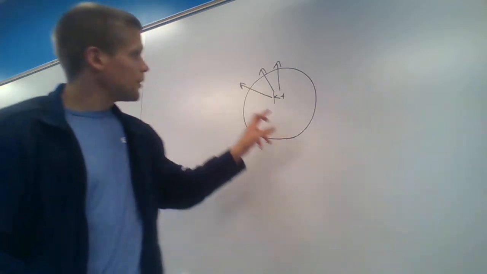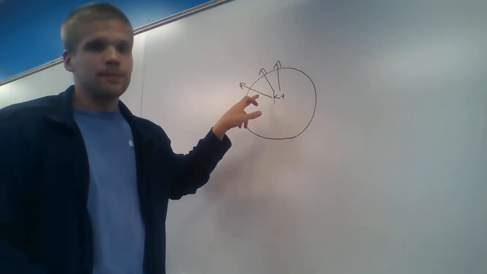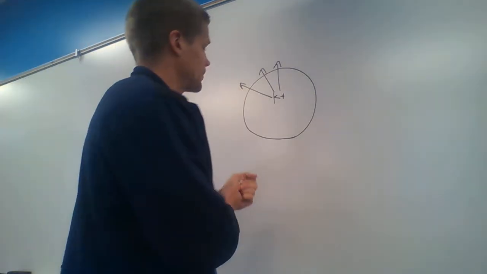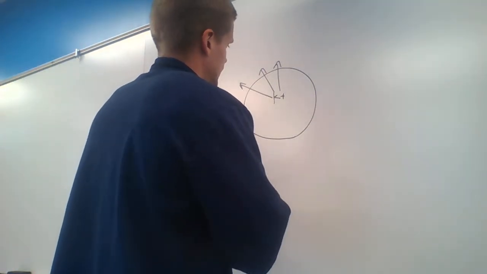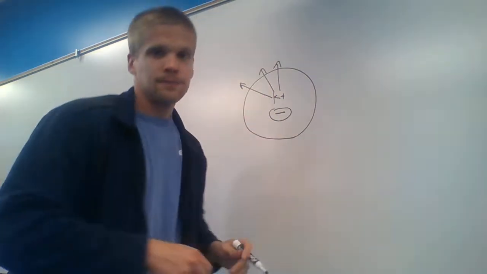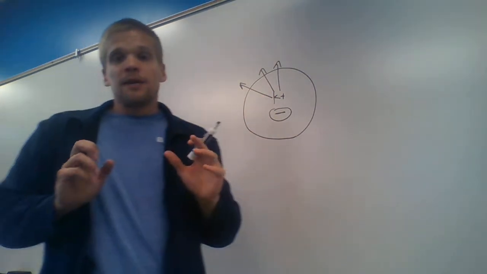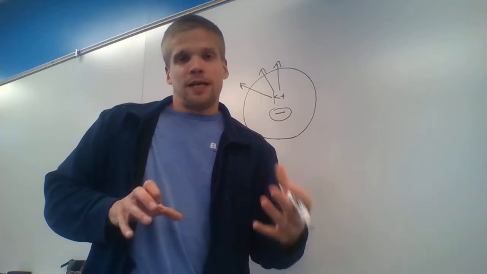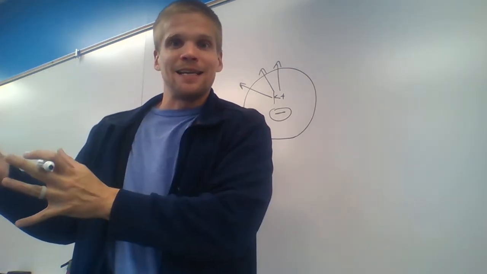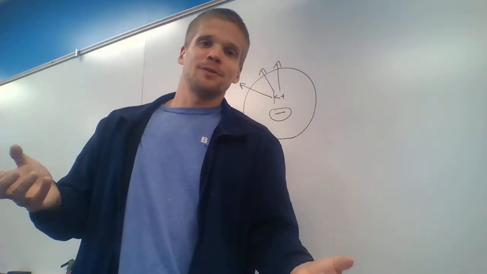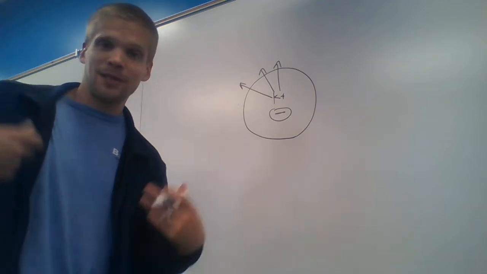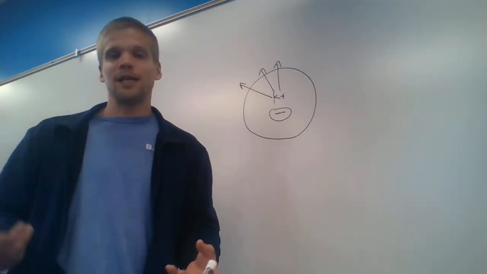Okay, so as more and more potassium leaves, the inside becomes more and more negative. All right, so if the inside's becoming more and more negative, what's developing on the inside is an electrical driving force. Right? Because if the inside is becoming more and more negative, now what's happening is an electrical driving force is developing.